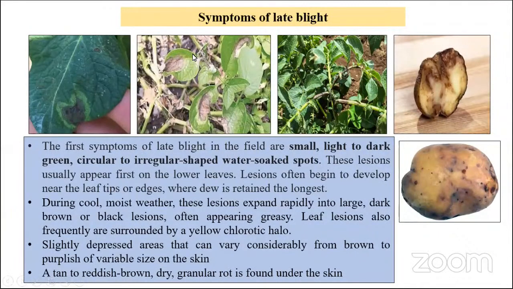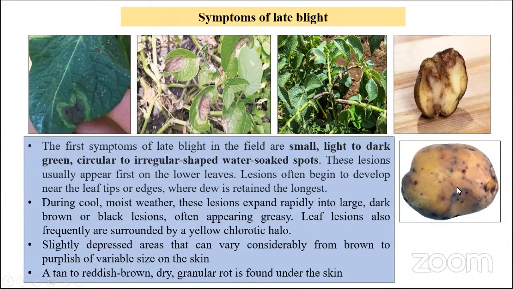After the severe attack of the pathogen, the entire plant gets destroyed and dried, and the infection is also visible in the potato. If you split the infected potato into two halves, uneven discoloration can be seen in the potato tubers.